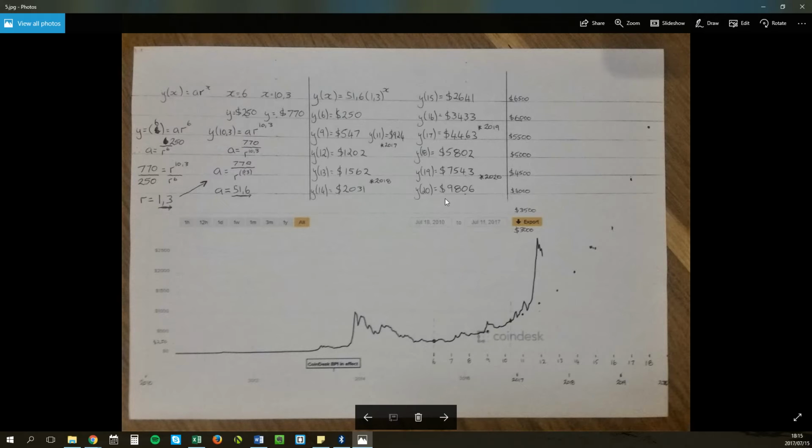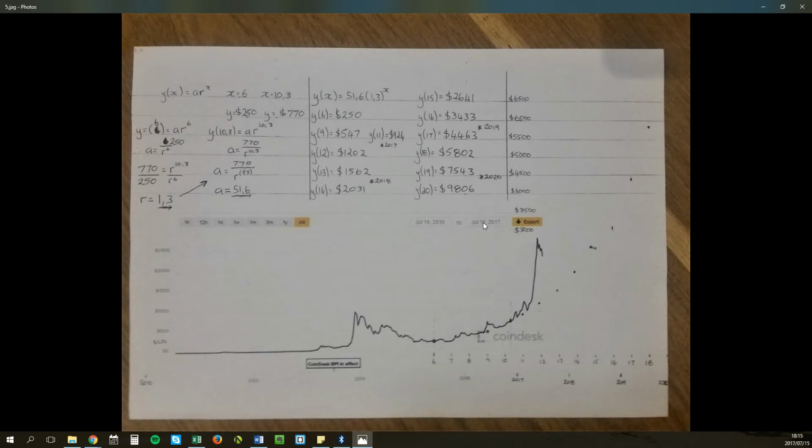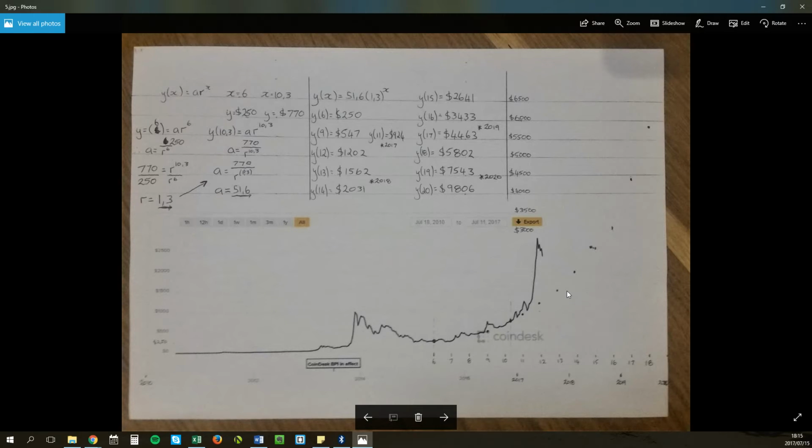Obviously that's a large number, but a lot of people reckon Bitcoin's going to reach $10,000 by the end of this year. For me, because this has helped me so much in the past, I probably don't see it happening, but only time will tell, I guess.